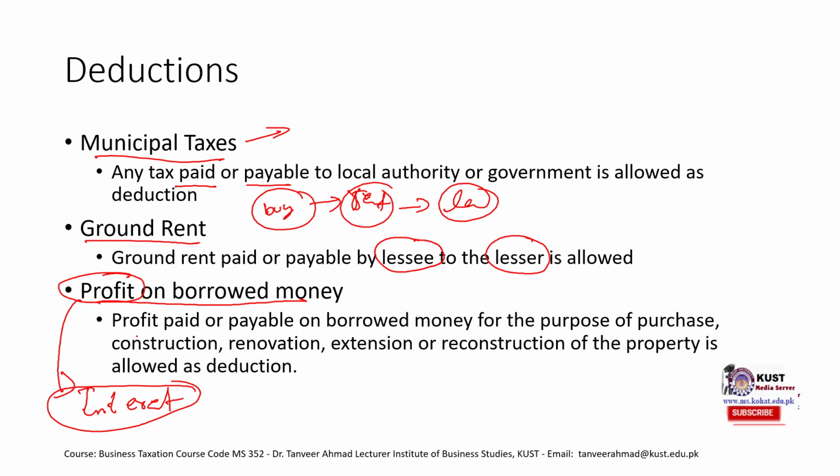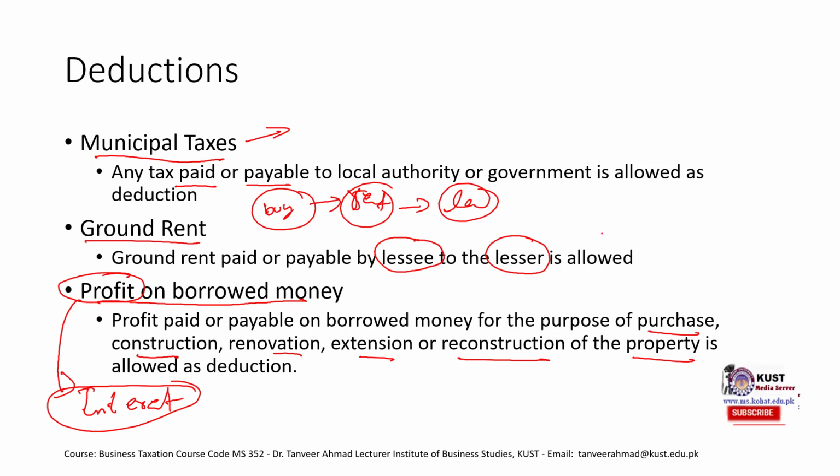So if a company is paying an interest on the borrowed amount, but remember, the borrowed amount should be for the purpose of either construction, purchase, renovation, extension, or reconstruction of a property, then that interest expense is also allowed as deduction.